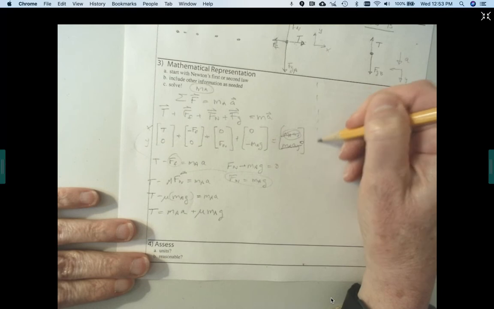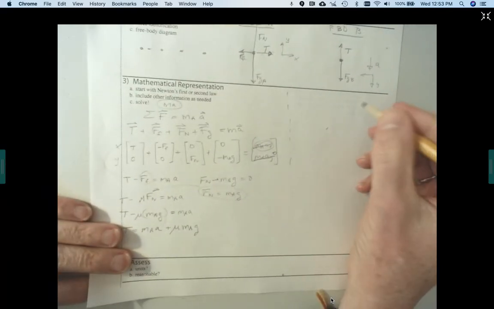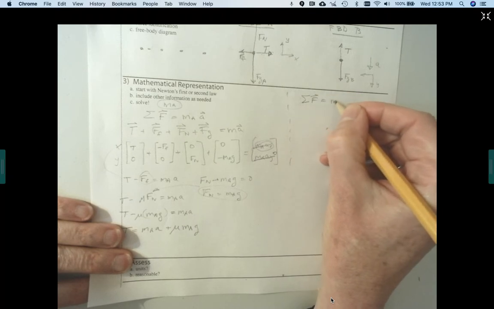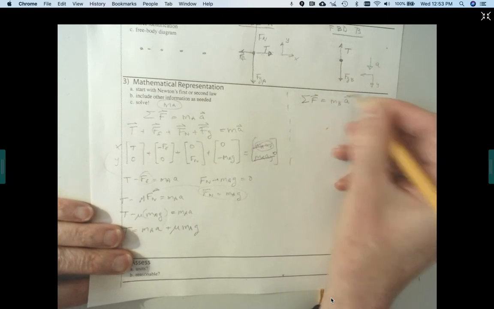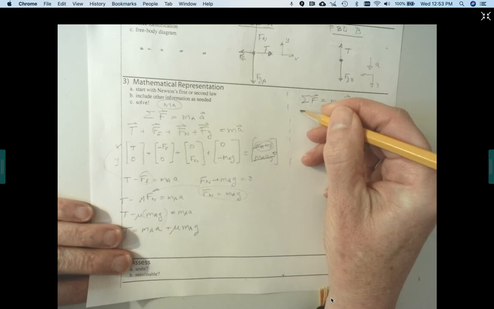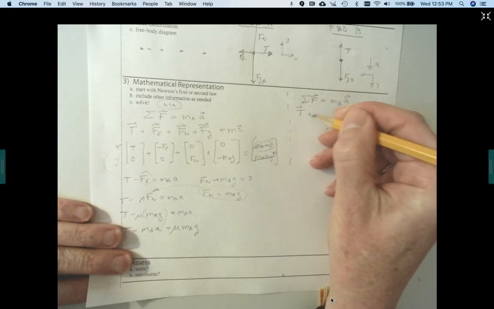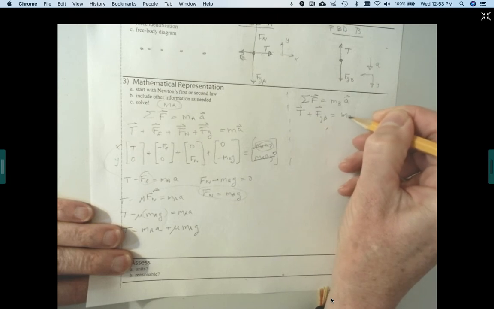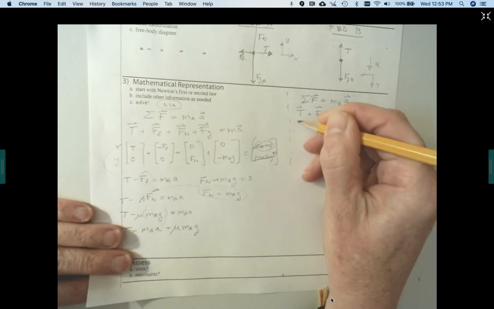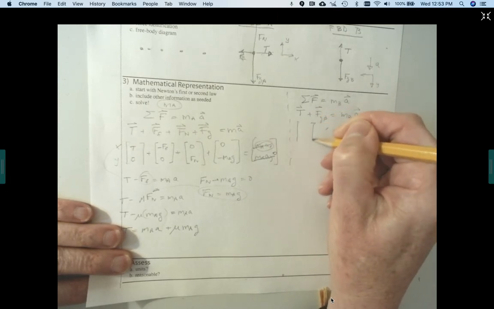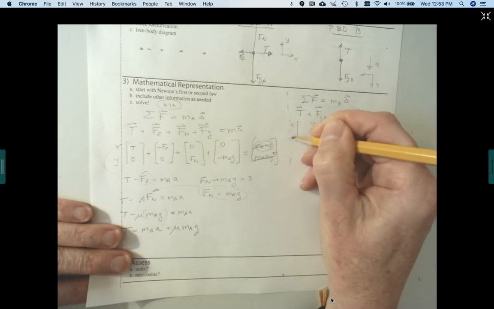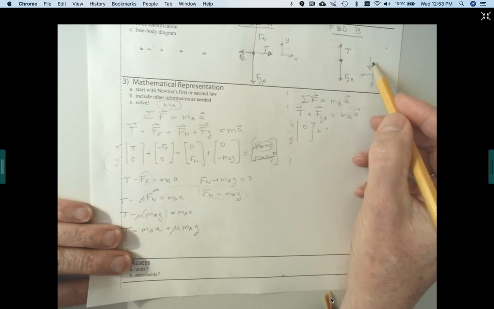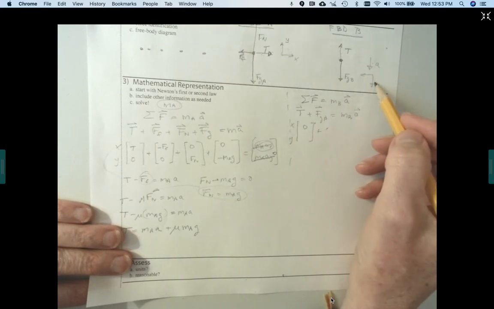Okay, and then let's look over here and we will do the sum of the forces on B equals MB times acceleration. So just our vectors, we have tension and we have the force of gravity on B, and that equals MBA. And then we'll do our column vectors just to get practice here. So it's our X and our Y. Tension has nothing in the X. And again, for mass B, I'm saying positive is downward.